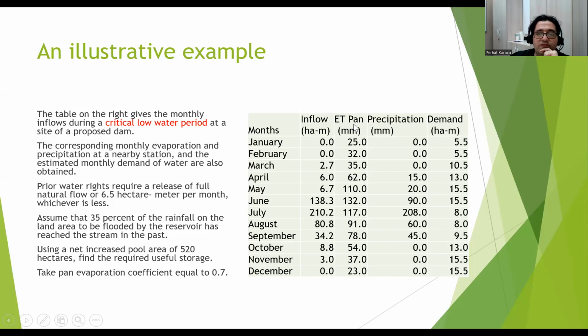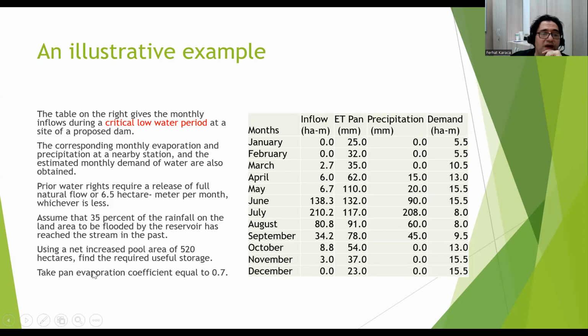It means that the efficiency of the rain is 65%. So you are going to lose 35% of the precipitation. And this is the focus area, the water storage area. The water storage area or watershed area is given as 520 hectares. It is the watershed area we are going to use for the calculation.